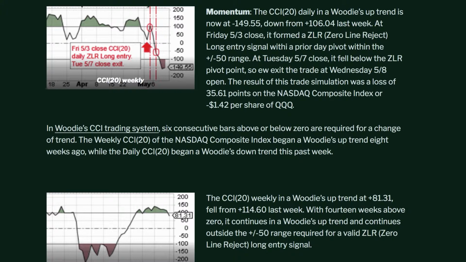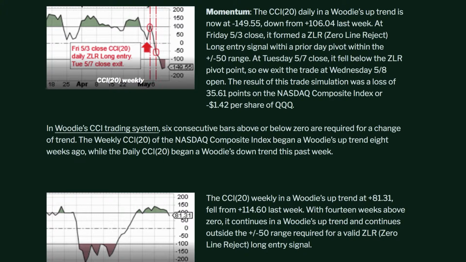At Tuesday, 5-7 close, it fell below the zero-line reject pivot point, so we exit the trade at Wednesday, 5-8 open. The result of this trade simulation was a loss of 35.61 points on the Nasdaq Composite Index, or minus $1.42 per share of QQQ.